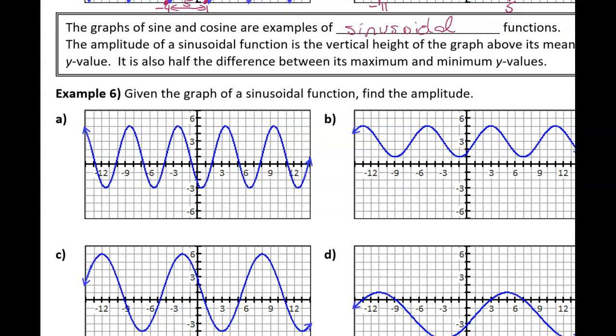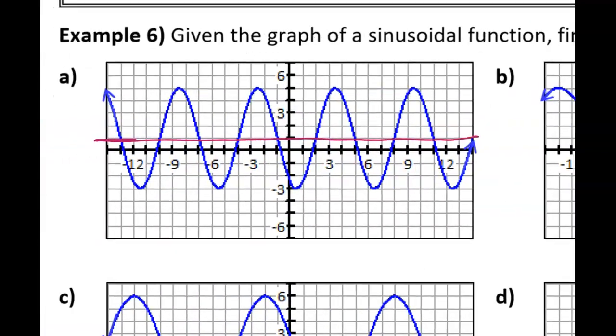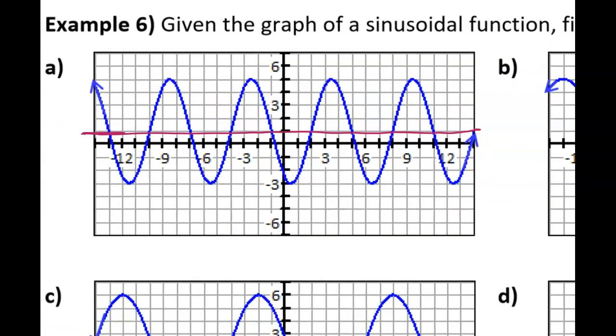So there's a couple of different ways that you can calculate this. You can figure out where that middle value is, the middle y value. That seems to be right there on this function. And then, let's zoom in a little bit more on this one. The amplitude is this vertical distance above the middle y value.